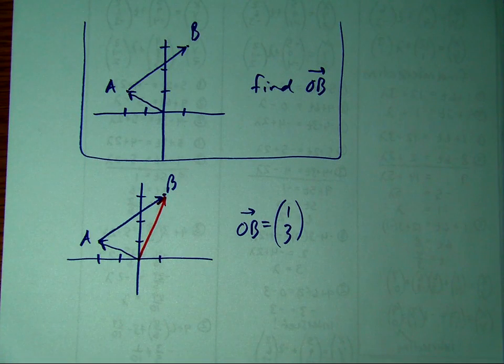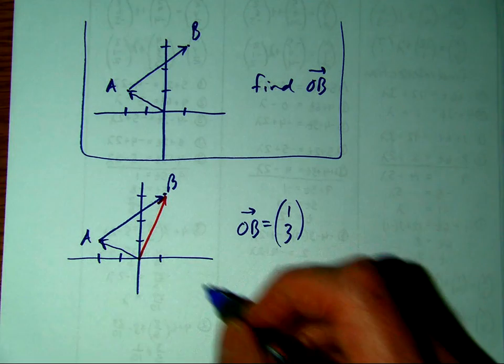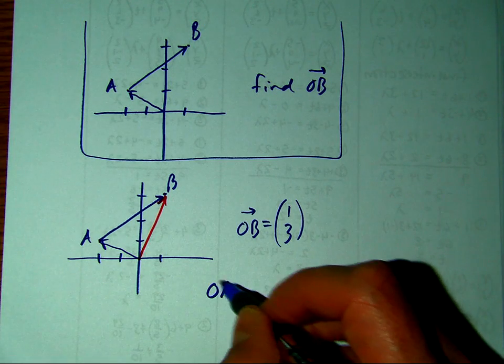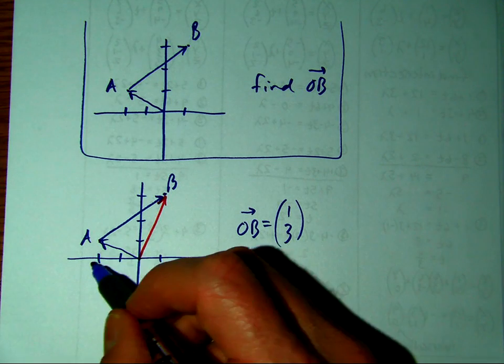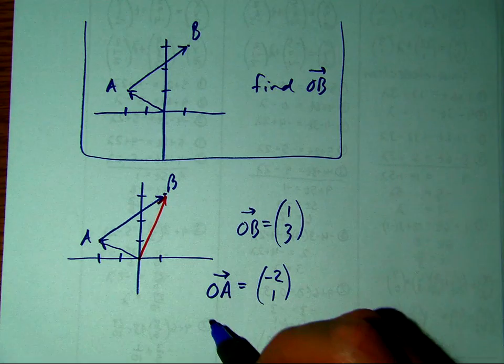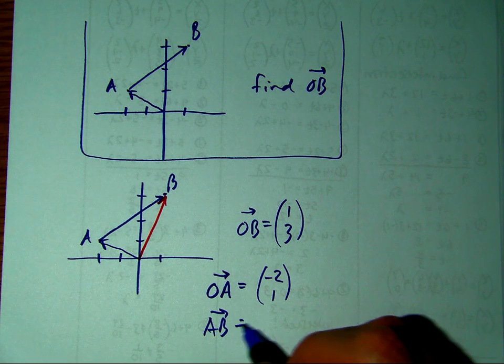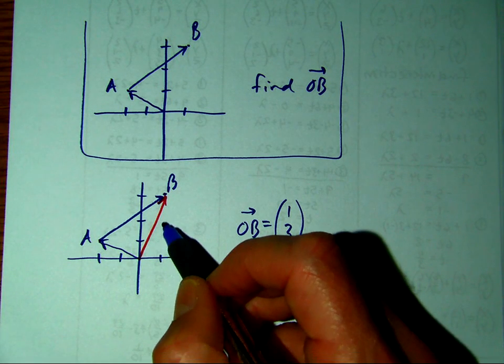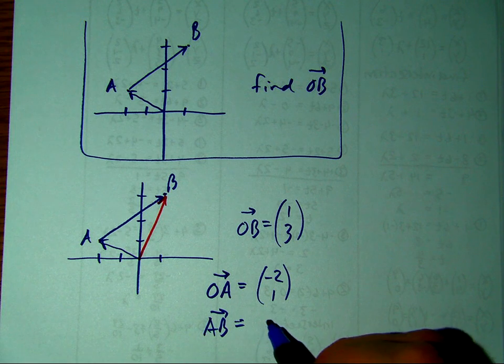But we can also represent OA and AB. OA is -2, 1. And AB is over 3, up 2.